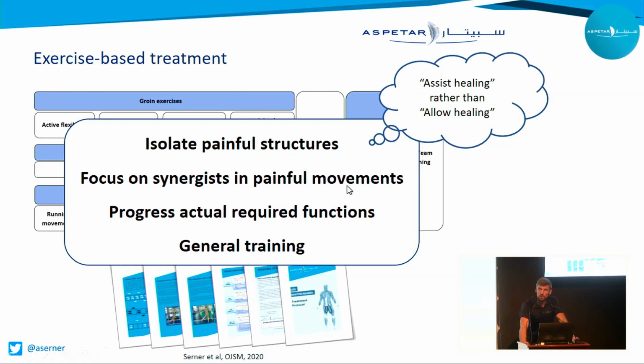Then we're generally looking at a full body approach, focusing mainly on muscle groups involved in change of direction and kicking. And we want to progress actual required functions. So we want to get them running, we want to get them out on the pitch when we can. And we'll do some general training as well.